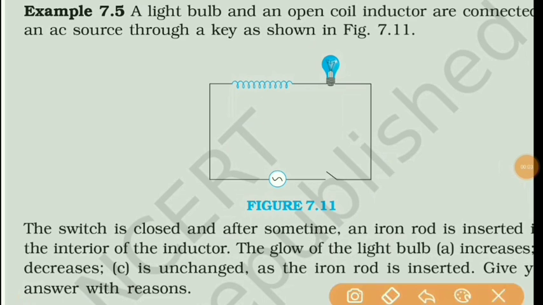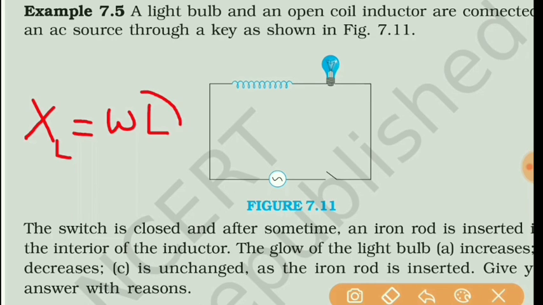Now we know that inductive reactance XL is equal to omega L, and so when the value of L increases, inductive reactance will also increase, and so current I is equal to V by XL.